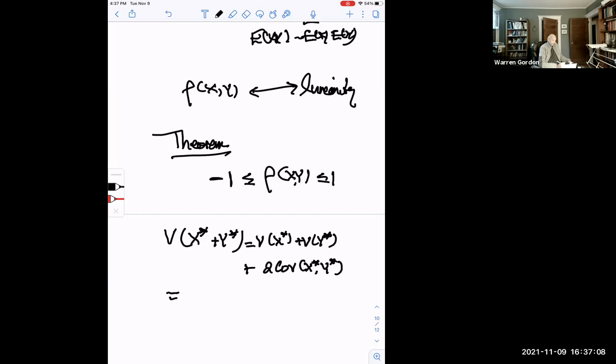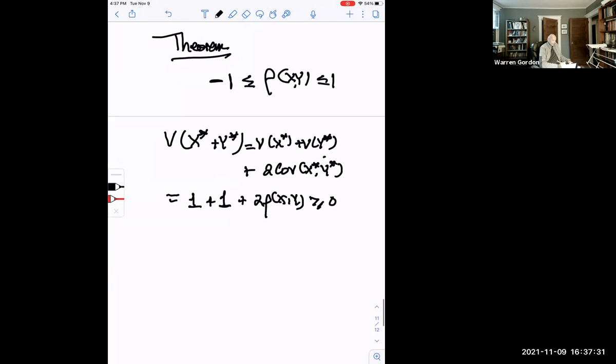So V of X star is 1, V of Y star is 1, and this is just plus 2 times rho of XY. And we know the variance is always positive, so this has to be a positive number. So this tells us immediately that rho of XY is always greater or equal to -1.